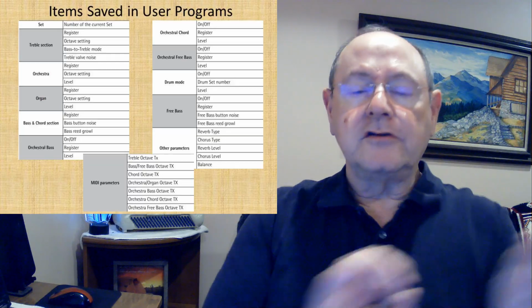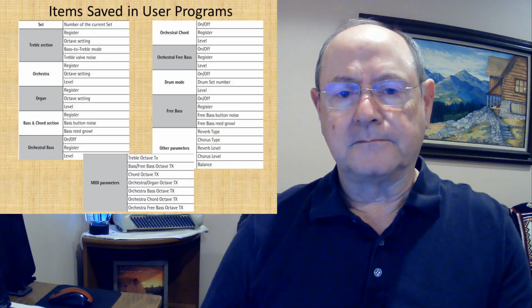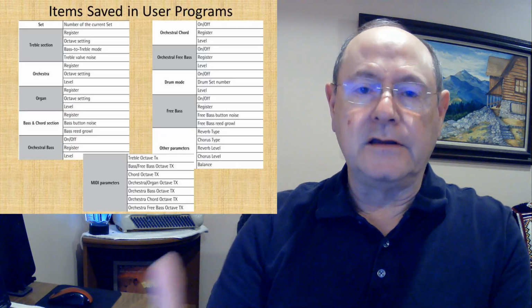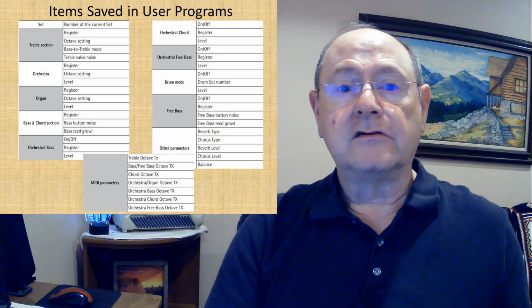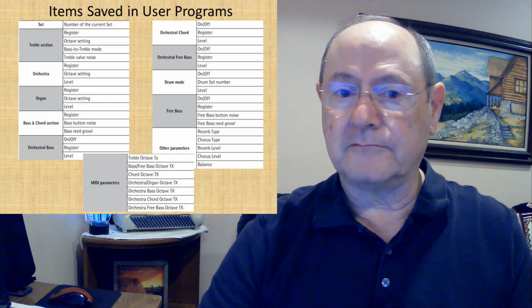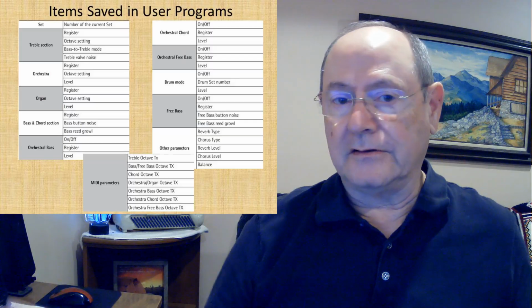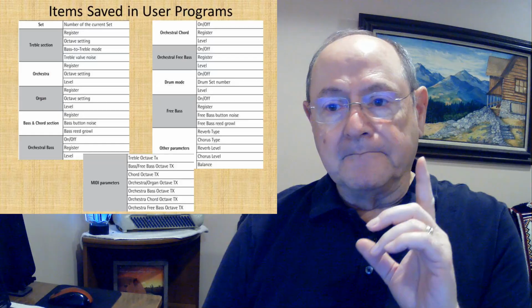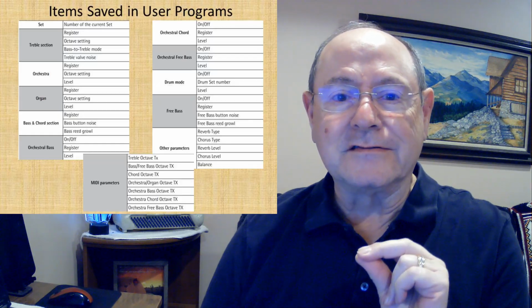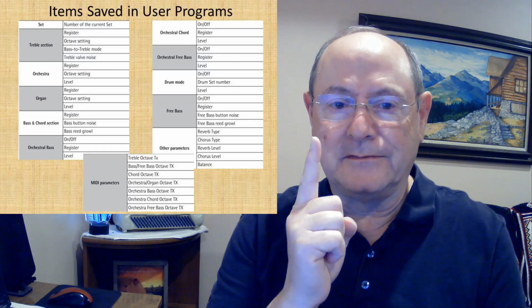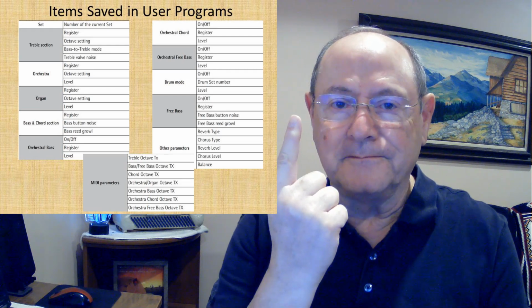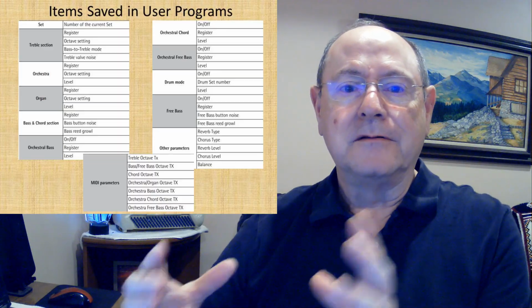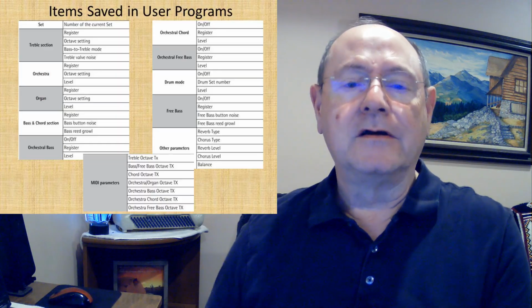Well, there's good news and bad news here. The good news is, yes, you can actually save that, so when it's turned off, turns back on, it has kept the balance. And I'm going to show you how to do that. The bad news is you only get one. You can't save it multiple times.